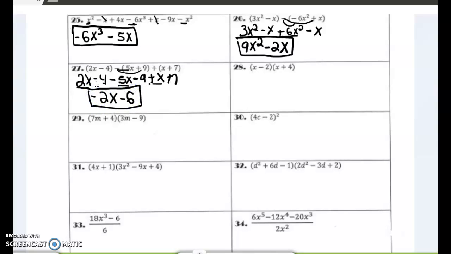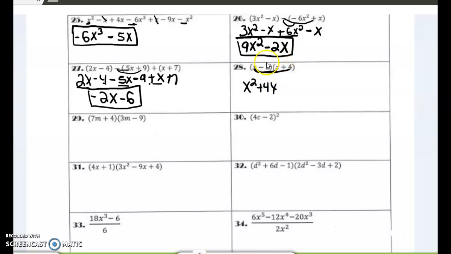Next problem. We are multiplying. Please do not get multiplying mixed up with the addition and subtraction. Now, here's where you're going to just distribute. In this case, when it's a binomial, we're actually FOILing. So x times x is x squared. x times 4 is 4x.